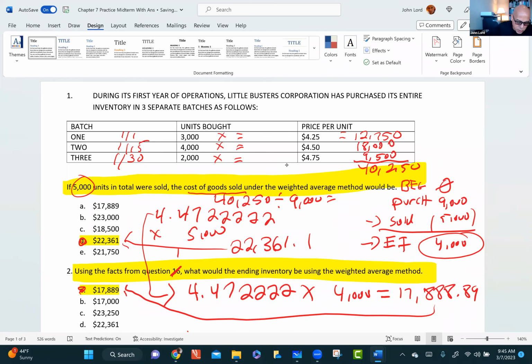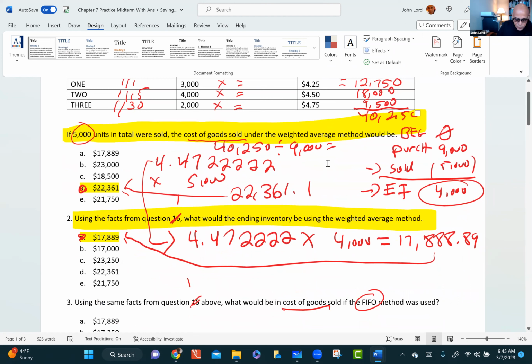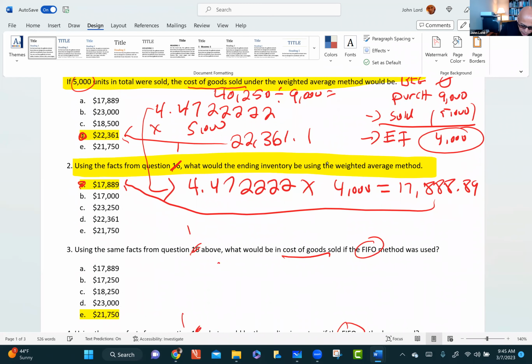Since they bought 3,000 units in that first batch, and we sold 5,000, I have to get 3,000 from that first batch, and those 3,000 were bought at 4.25.